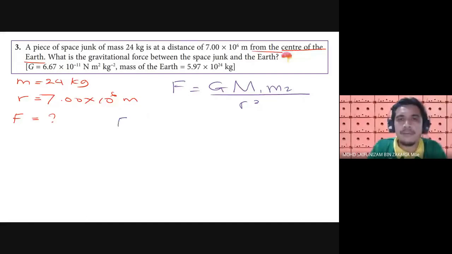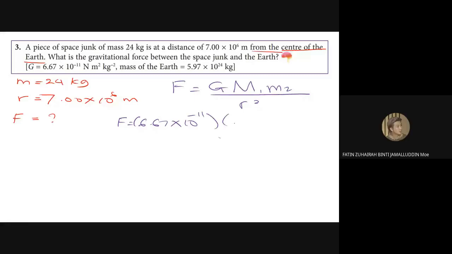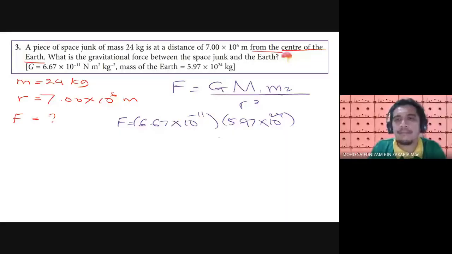The value of G as given is 6.67 times 10 to the power of -11. M1 refers to the mass of the Earth, 5.97 times 10 to the power of 24. M2 refers to the mass of the space junk, 24 kilogram.